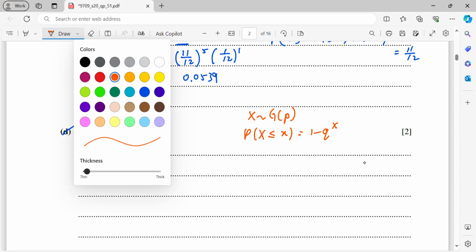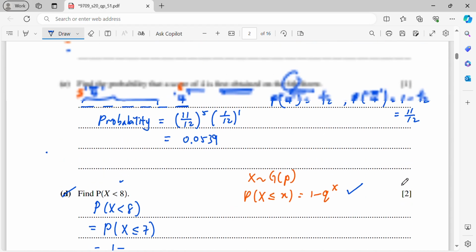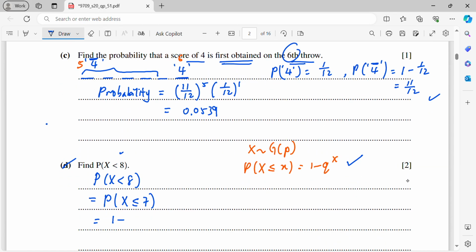So less than 8 is the same as less than or equal to 7, up to 7. Now use this formula. 1 minus q, which we have just counted, that is 11 over 12. So I will write here 11 over 12 to the power of 7. And at last, you will be getting 0.456.